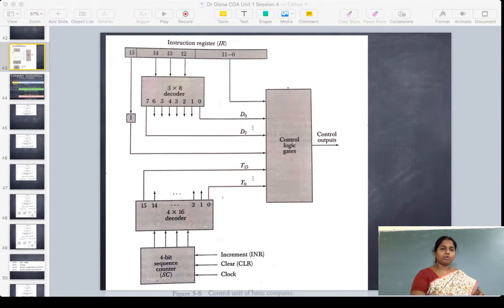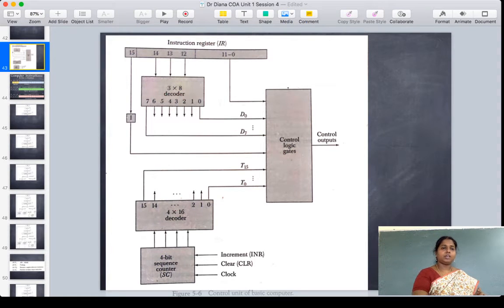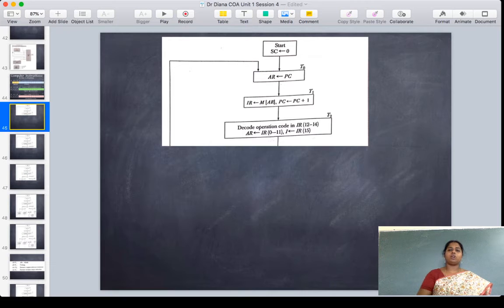So here if you look at this, at time cycle T0, the program counter is used for storing the address of the first instruction. That address is brought inside the address register, because every time we try to access memory, it is always through the address register.